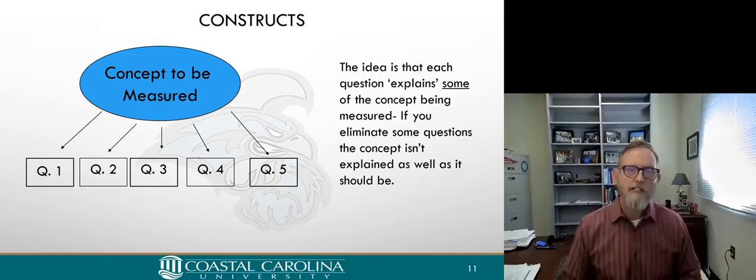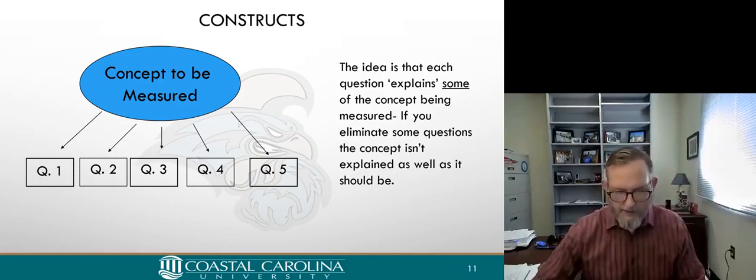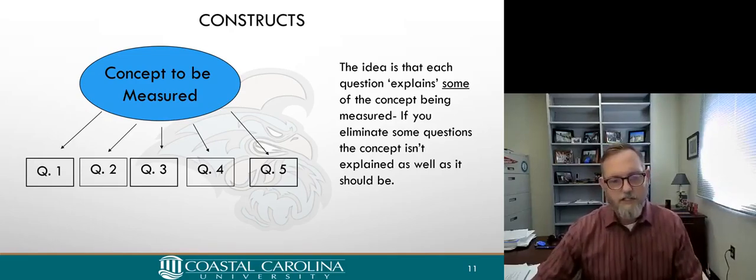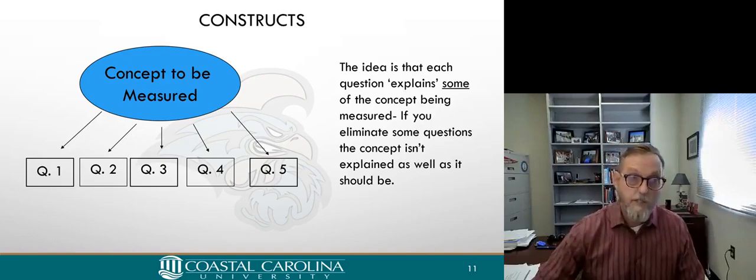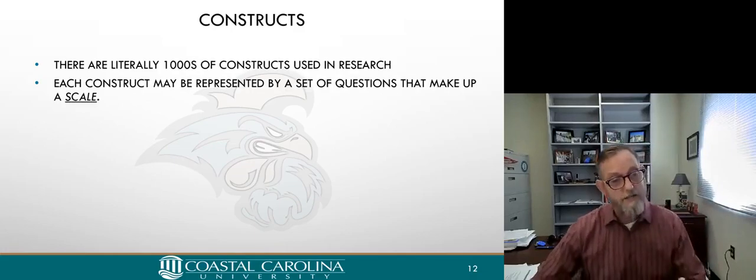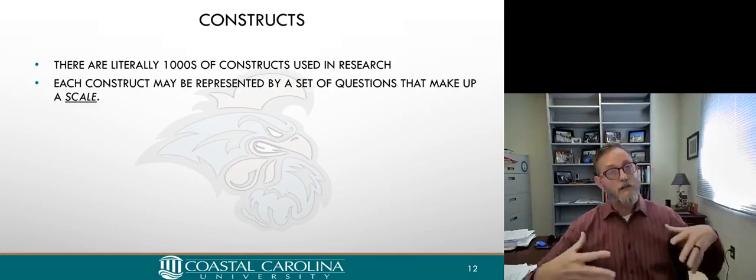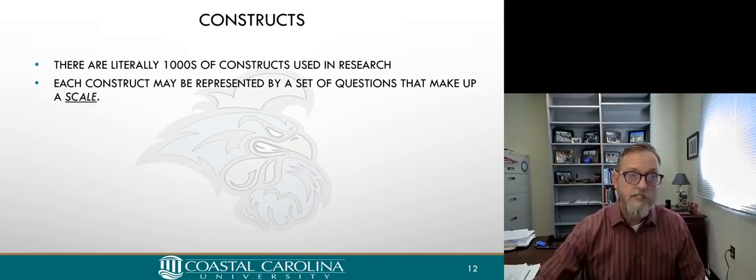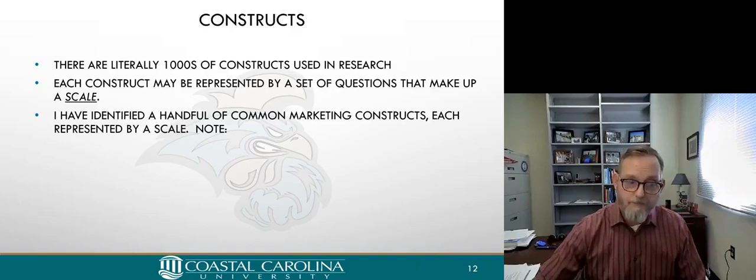You won't completely measure the concept as well as if you had them all together. Okay, so this is a very important idea in general of how we measure complex ideas in research. Again, in marketing, there are literally thousands of constructs or scales that we use. We call it a scale when we have a set of these questions.